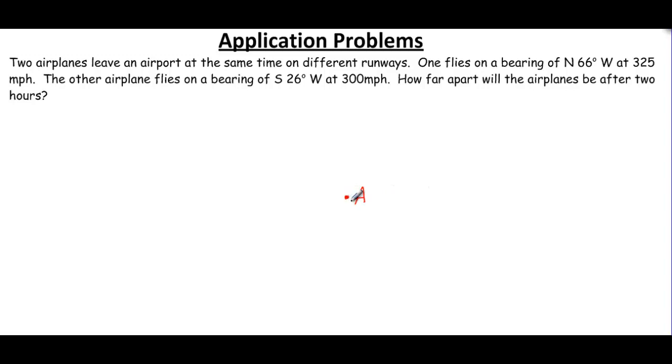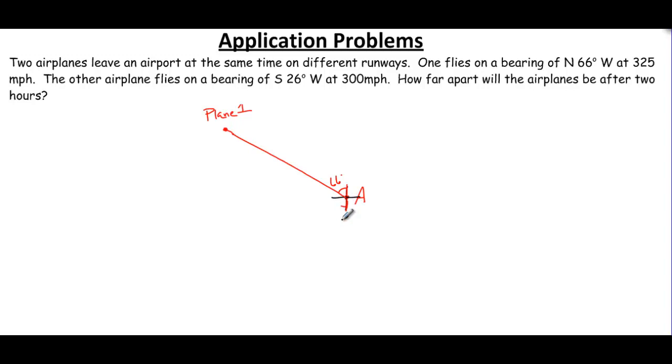So there's my airport. Now I'm going to put my little bearings. One airplane flies on a bearing of north 66 degrees to the west. So that's plane 1. The other airplane flies on a bearing of south 26 degrees.